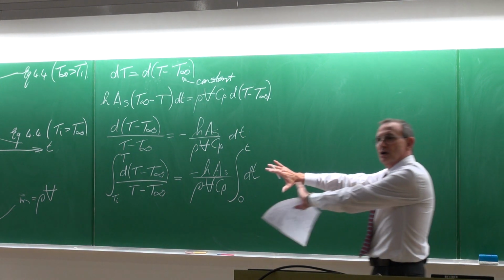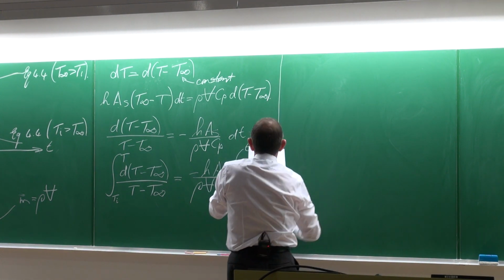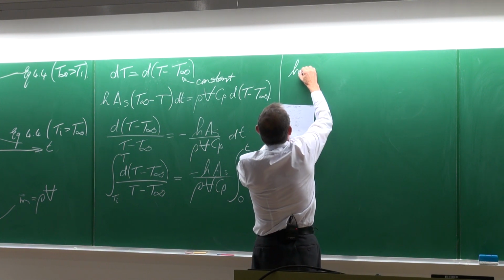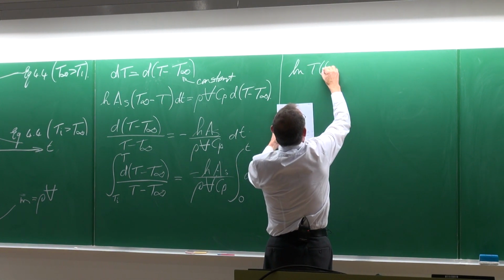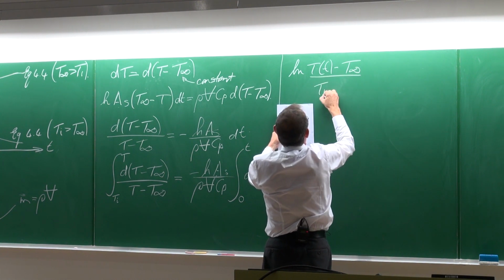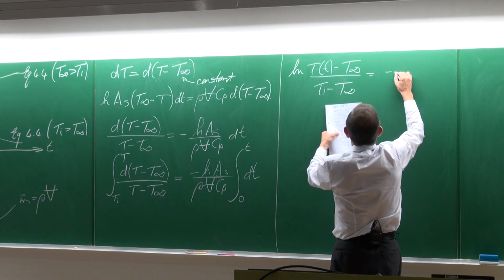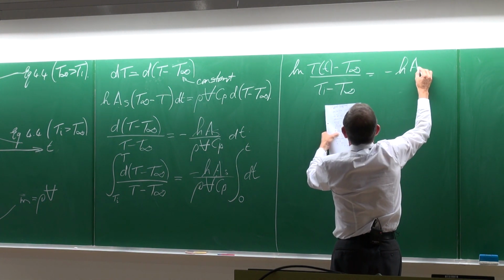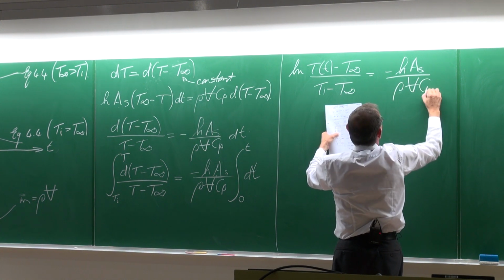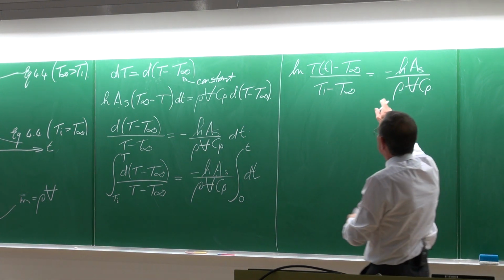You know how to do the differentiation and to clean it up. If you do that, then you're going to have the ln of the temperature difference divided, (T − T∞)/(Ti − T∞), is equal to minus the heat transfer coefficient, the surface area, over ρVCp times t. I'd like to get rid of the ln term.